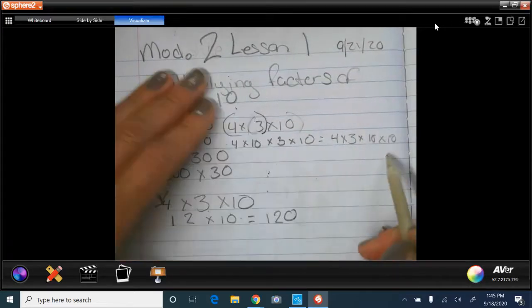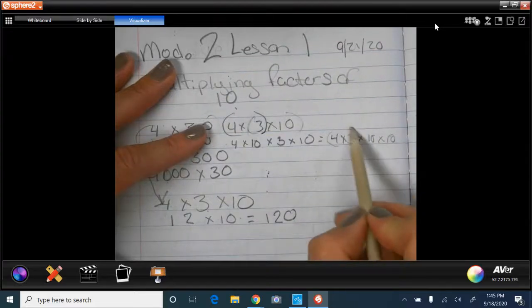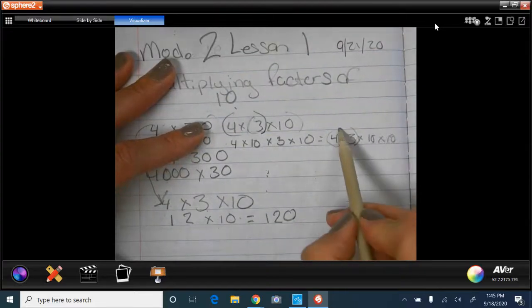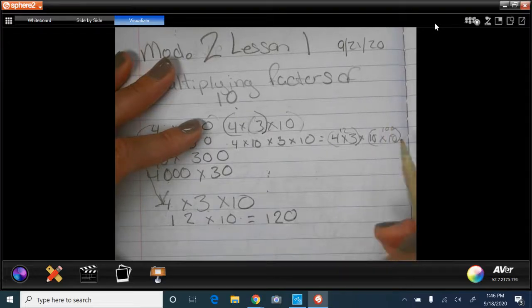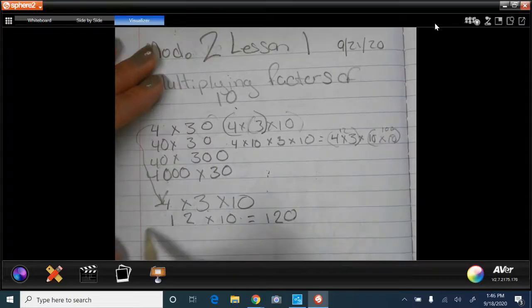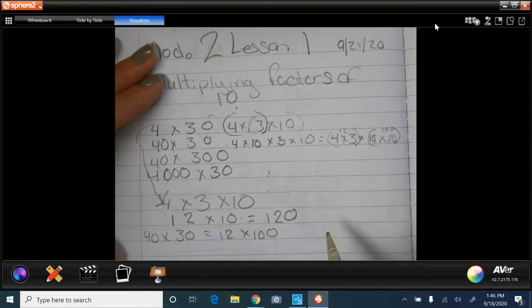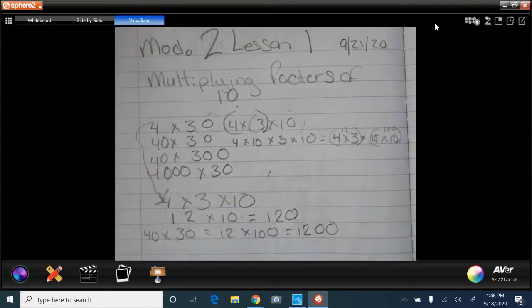And now when I look at it, I go, oh, I have easy groups. 4 times 3 I know is 12. 10 times 10 I know is 100. So that gives me, when I'm looking at 40 times 30, I had 12 times 100, which gives me 1,200. I'm going to let you in on a little secret.